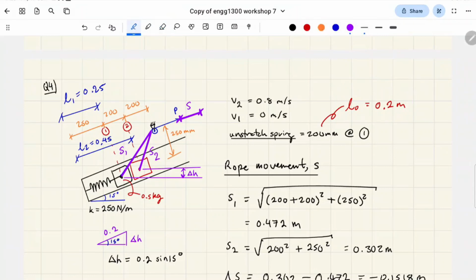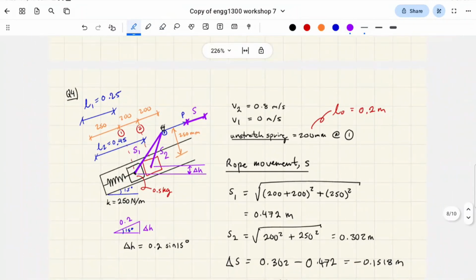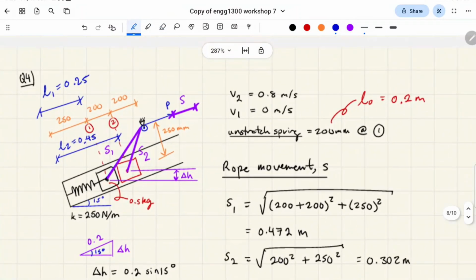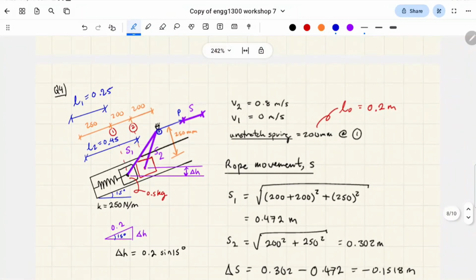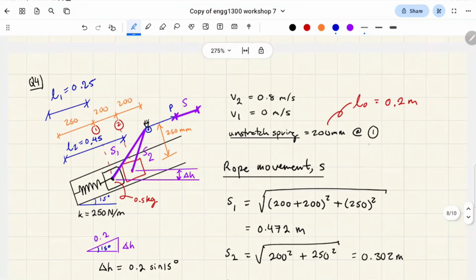Did I write this question down right? I think I know what this means. Okay. I think I might have copied this question down wrong.